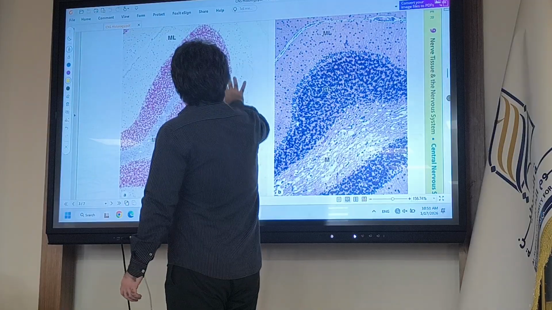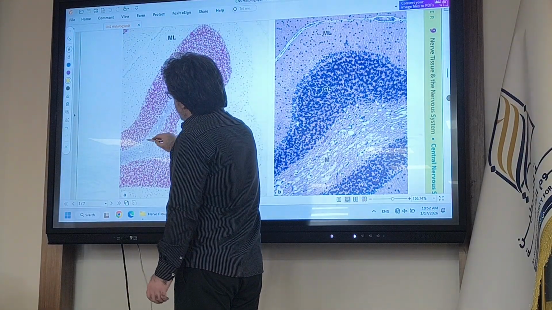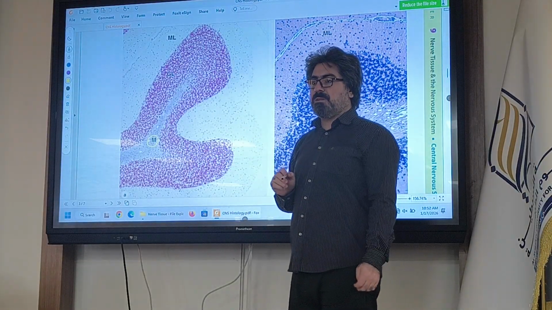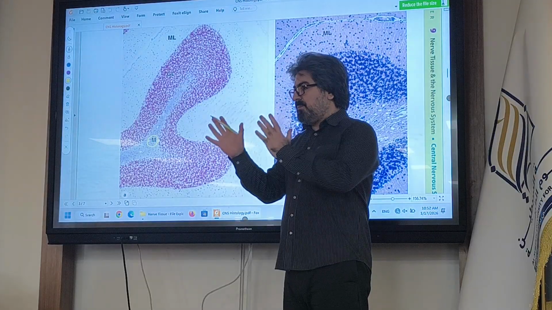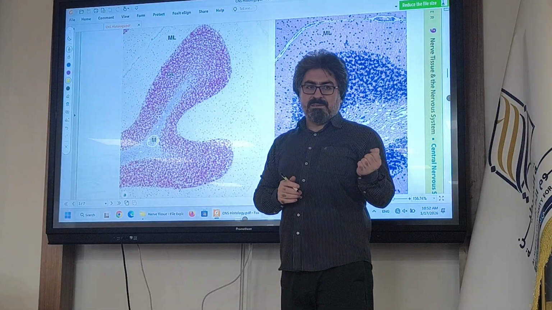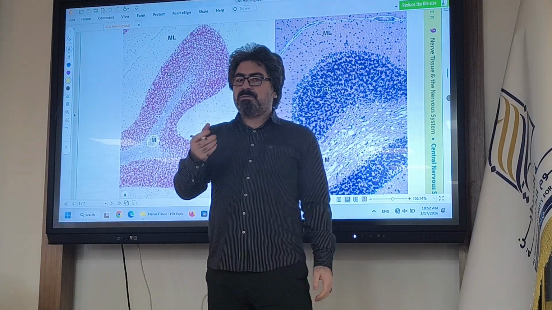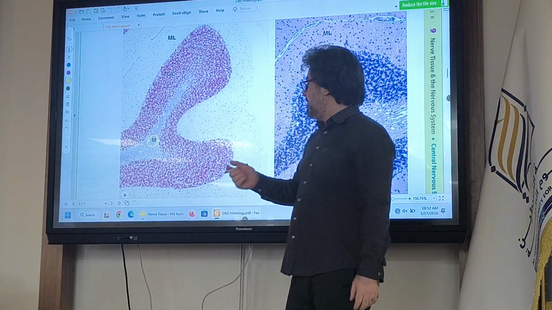Now look at this picture. We have two parts related to the cerebellum. The cerebellum includes two main parts. The outer part is known as the cortex, and the inner part, at the center of the cortex, is white matter, that is the medulla.